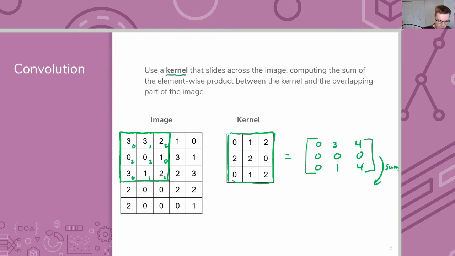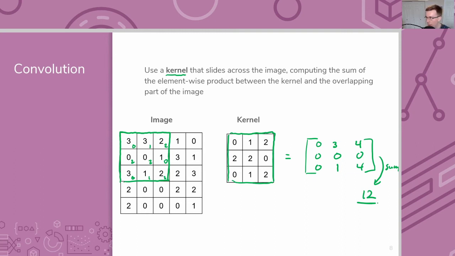If you add them up, 3 plus 4 plus 1 plus 4, that's a total of 12. Then we'll use 12 as our result for what this kernel computed at this area of the image. So 12 will be in our output for this one position.